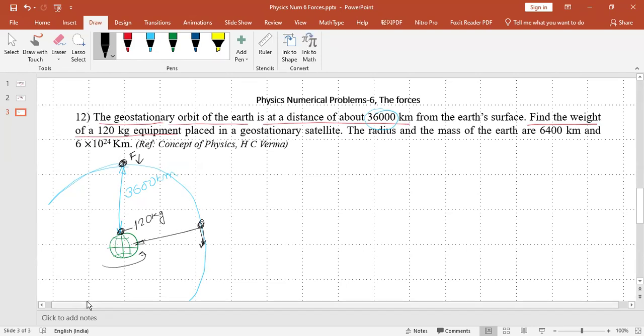That means Earth also revolves, the satellite also revolves, so the satellite is always above a particular point on the Earth.